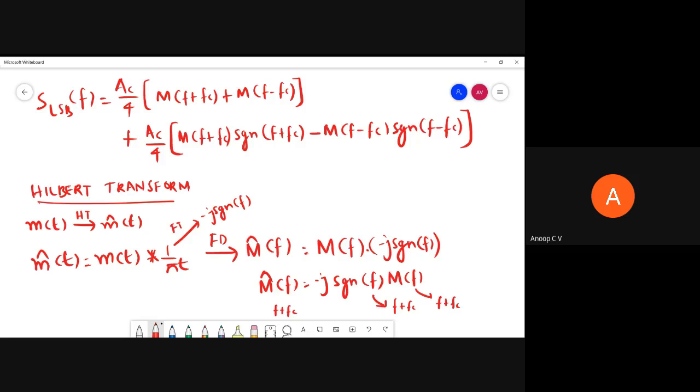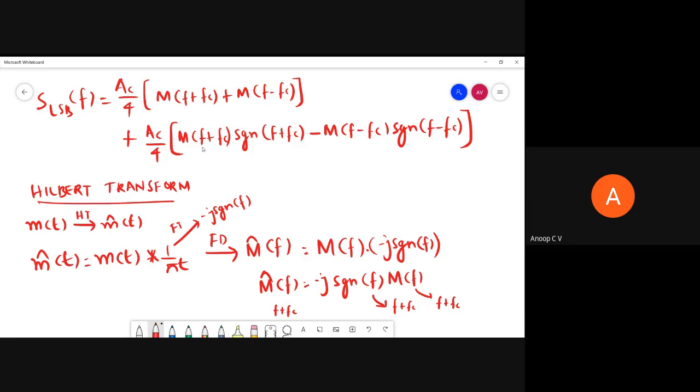So I'm simply saying, if both f's are replaced with f minus fc, then it will become m cap of f minus fc. Now you see here, as I had the definition of the Hilbert transform in my mind, I said I need not alter the signals: the same things in the bracket, the same things as the argument of m and signum.